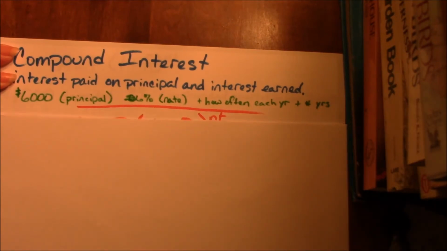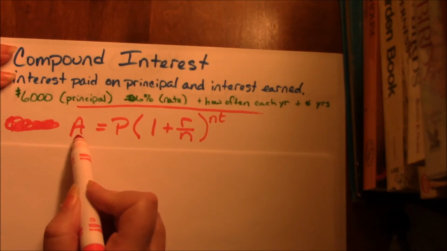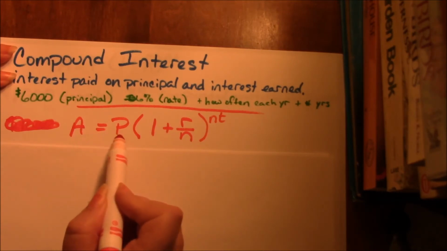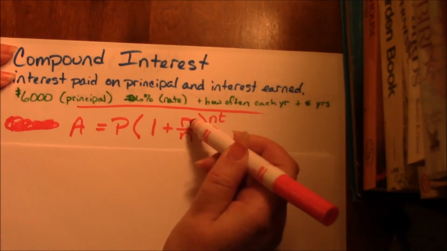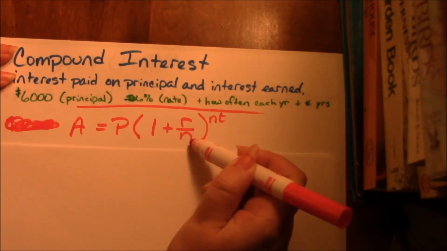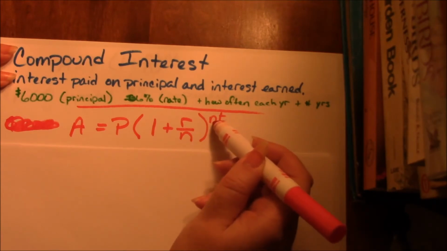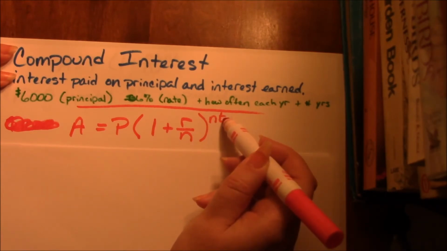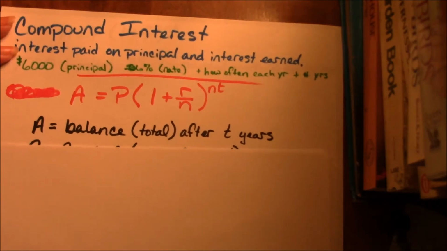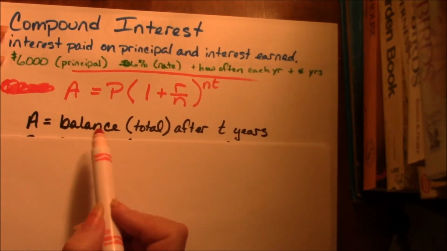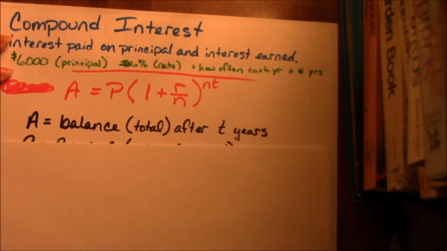But again, it's really straightforward. So this formula is the amount that we have is equal to the principal times 1 plus the percentage rate over the number of times each year, to the power of the number of times each year and the number of years. So let's get all of these down. A equals the balance, which is the total after so many years.